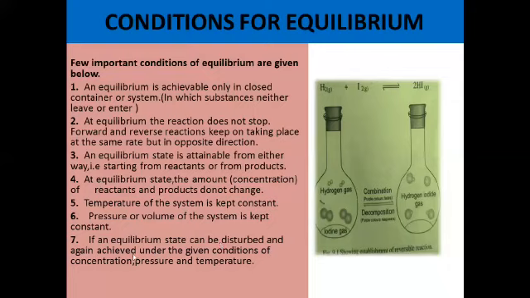A new equilibrium can be attained by keeping the conditions constant. Once you change the condition, the equilibrium is disturbed and a new equilibrium will form. Now don't change the condition again. If you do not change the condition this time, the reaction will stay in equilibrium for a long time.